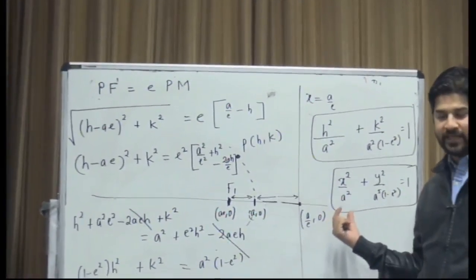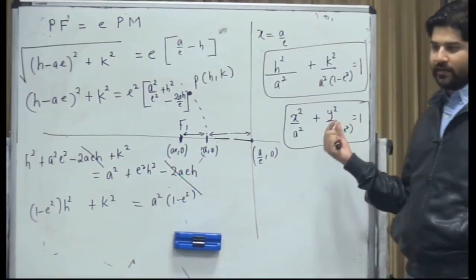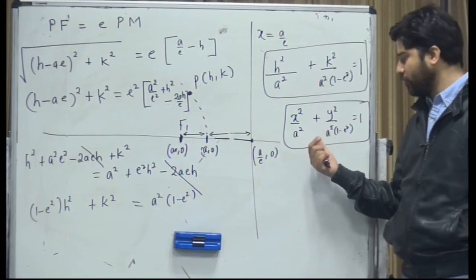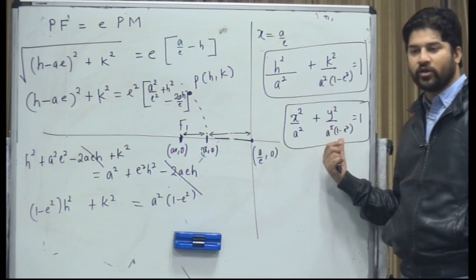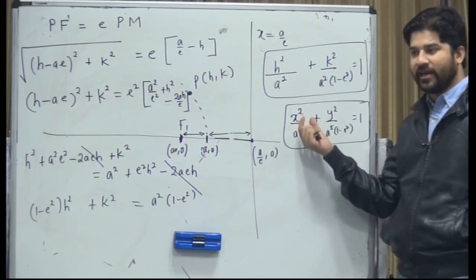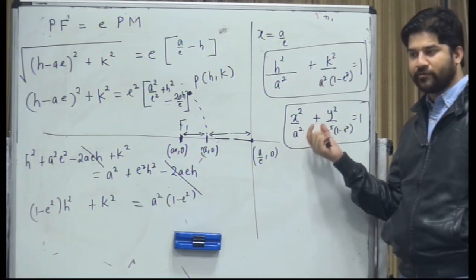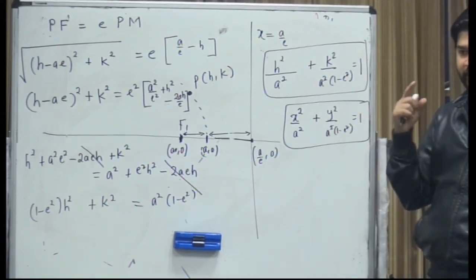Now when I say this is the standard form of ellipse, what is the point which we should take out from here? If it is x square upon a square and y square upon a square into 1 minus e square, so we'll see that the standard ellipse would be of the structure x square upon positive plus y square upon positive is equal to 1. But this is not sufficient.